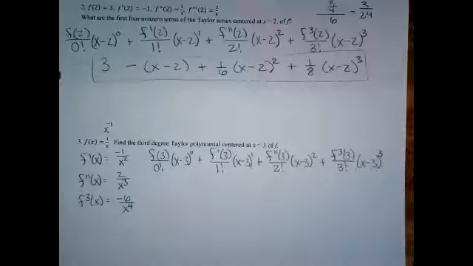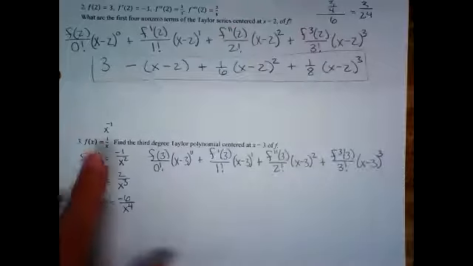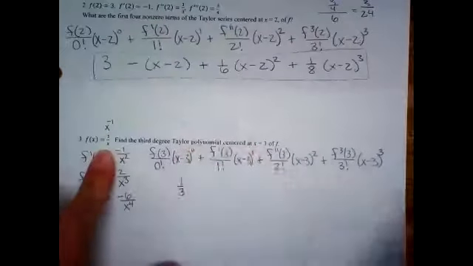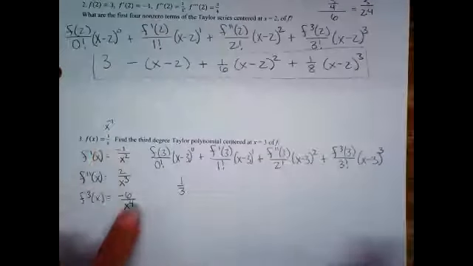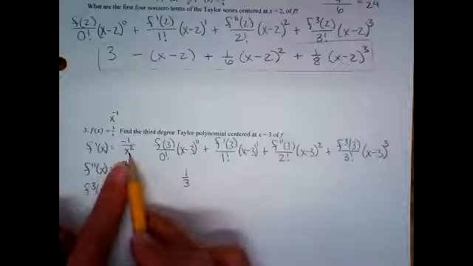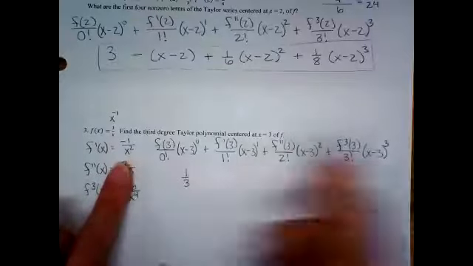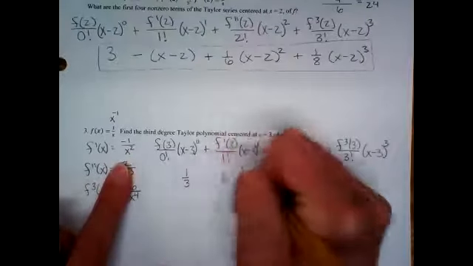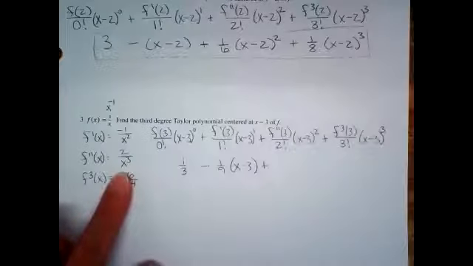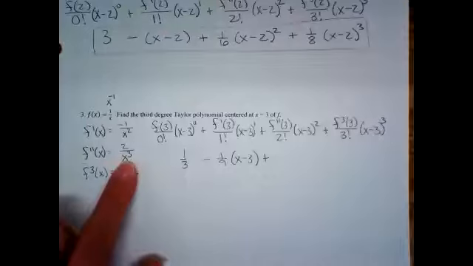All right, so f of 3, that's the original function. What do you get for that? 1/3, and then all the rest, that's 1, so that's all gone. All right, first derivative at 3, that's going to be negative 1/9. So negative 1/9 times x minus 3. Second derivative at 3, that would be 2/27.